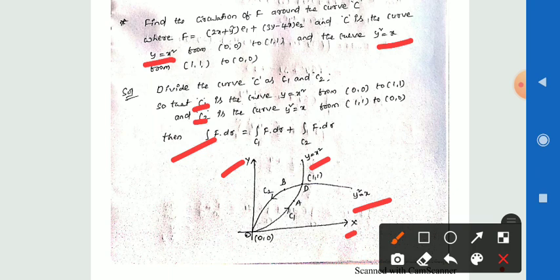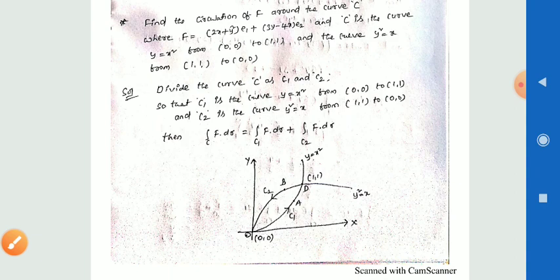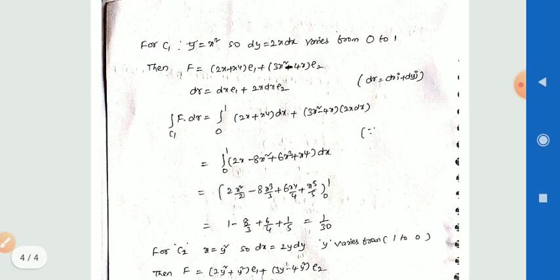The two curves intersect at a point D. The direction O to D is this way, and D to O is this way, which means C1 is above and C2 is below. By observing this diagram, I have solved the problem.